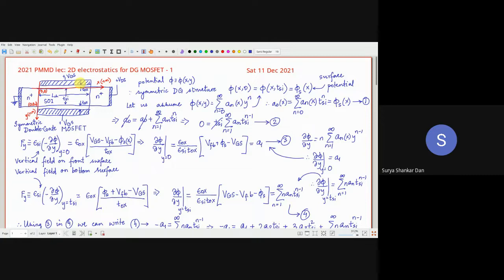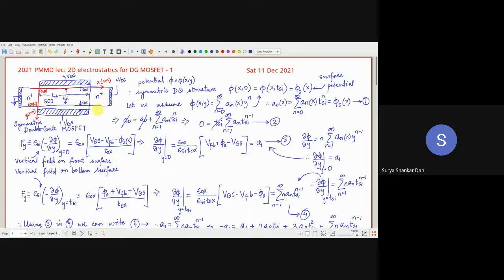In the case of DG MOSFETs, however, we are going to have a completely new dimension of analysis and modeling, because the double gate is in fact the precursor for FinFETs. In modeling these DG MOSFETs you cannot ignore the x direction field variation.